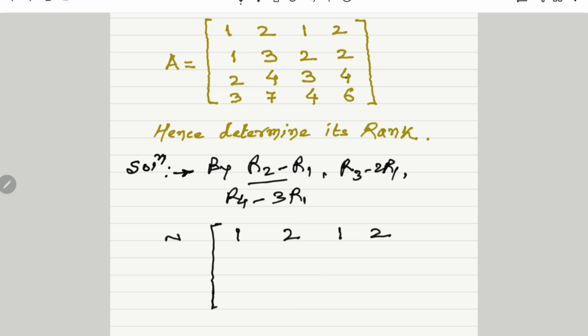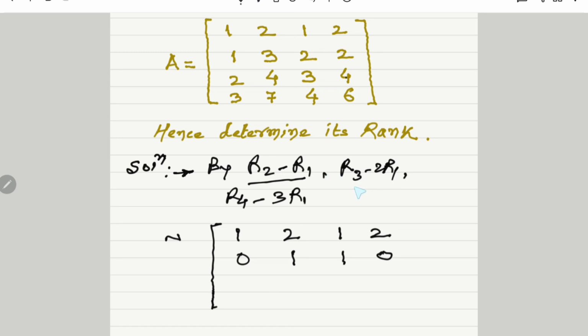Therefore using this R2 minus R1 we get 1 minus 1 is 0, 3 minus 2 we get 1, then 2 minus 1 we get 1, this 2 minus 2 we get 0. These are the elements of second row.